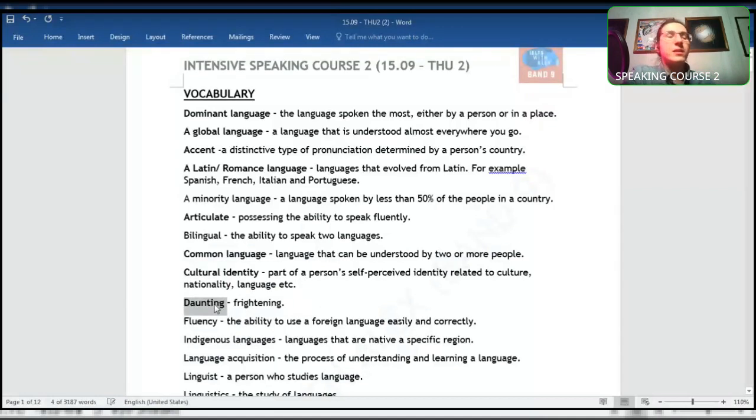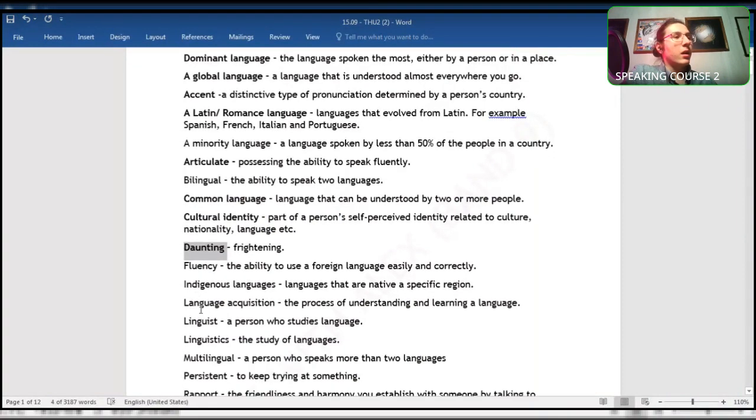Next is daunting. Daunting means frightening, scary, difficult, basically. Indigenous languages. I'm actually not sure what indigenous comes from, what the root of the word is, but in general, indigenous is connected to a person who lives in a country and is the first person that lived in that country.